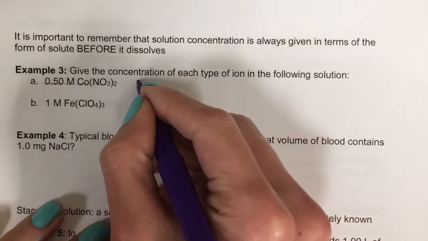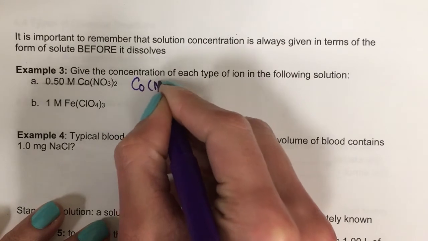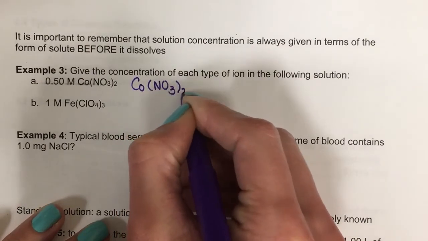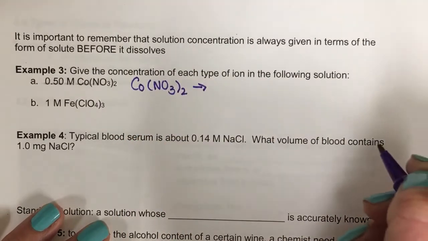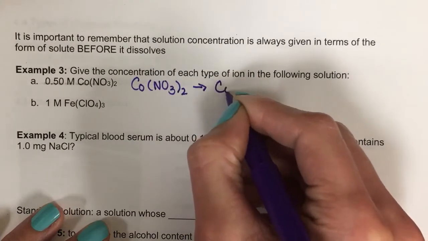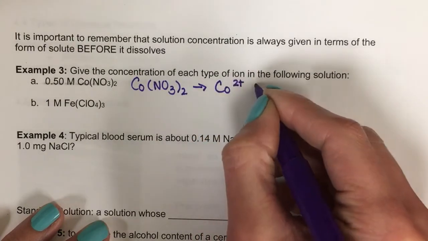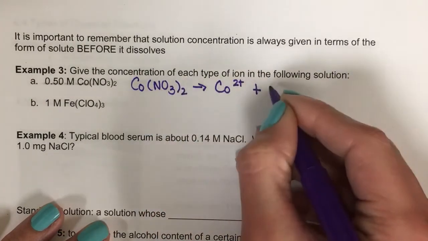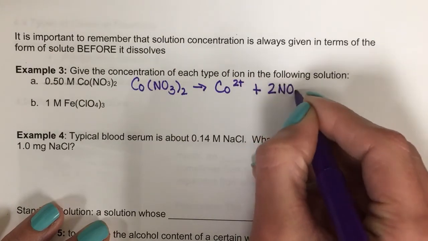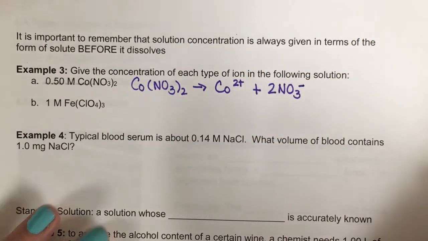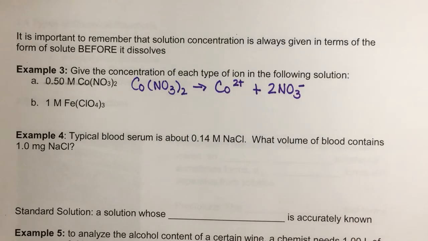Now, cobalt 2 nitrate, when it dissolves into water, breaks into cobalt with a +2 charge and 2 NO3 negative ions, 2 nitrate ions.